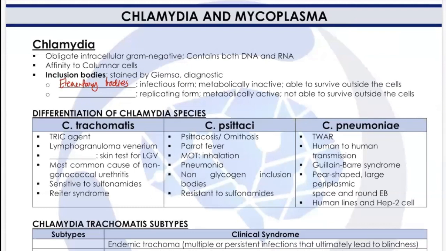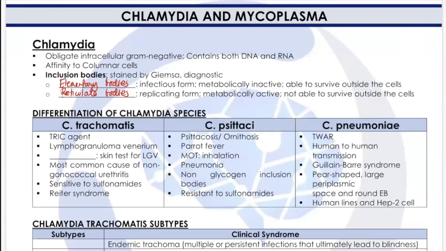And since it is replicating, of course, it has to be metabolically active. And again, they can only replicate inside the cell. So they are not able to survive outside the cells. So that is reticulate bodies. So ako guys, yung tinatandaan ko dito, elementary, infectious, tapos reticulate, replicating.